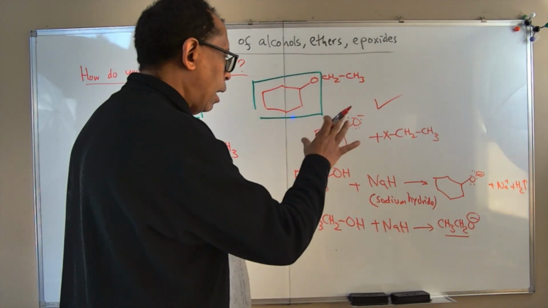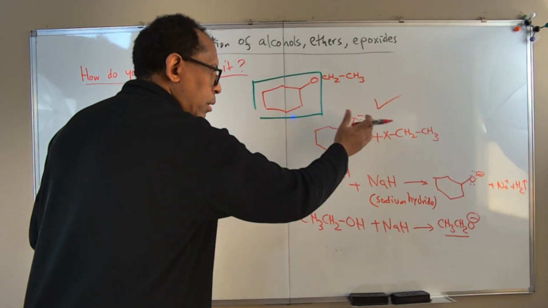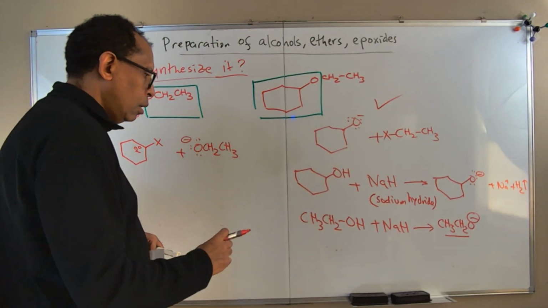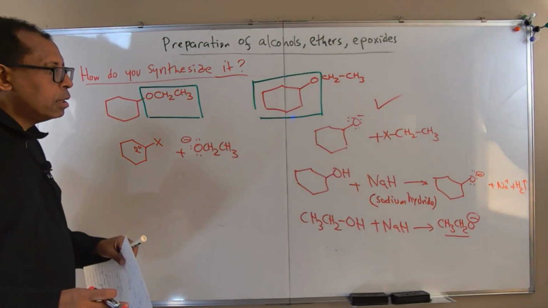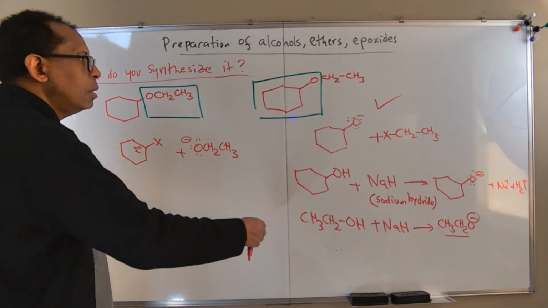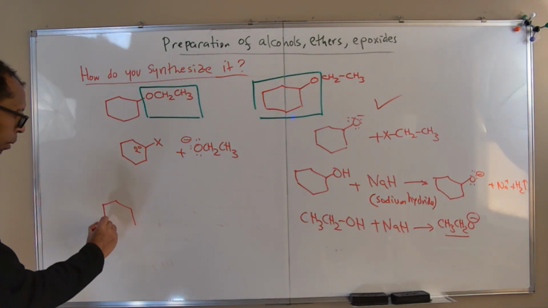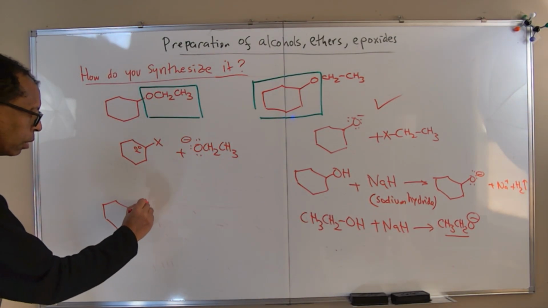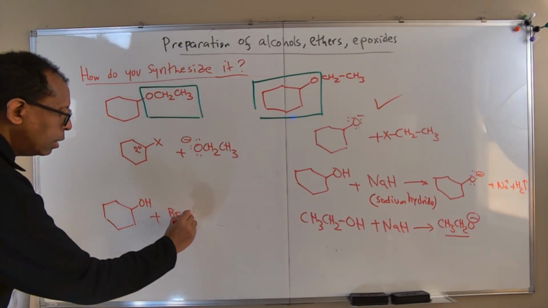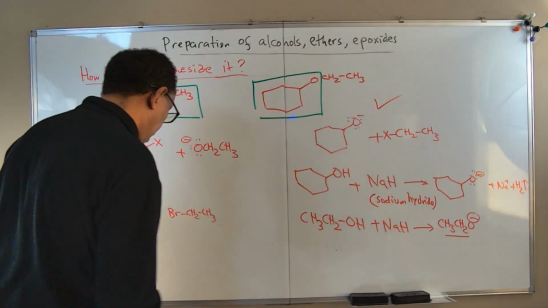So now let's go back to this ethoxide and that alkyl halide. In the reaction, if somebody gives you this alcohol, for example, an alcohol, OH, plus a bromoethane, CH2CH3, which represents that.